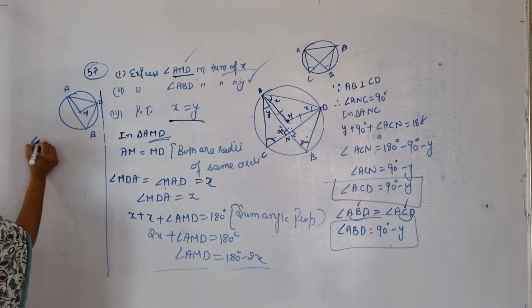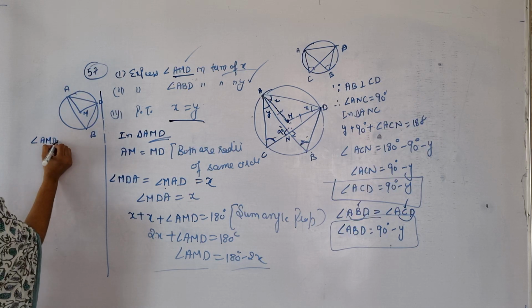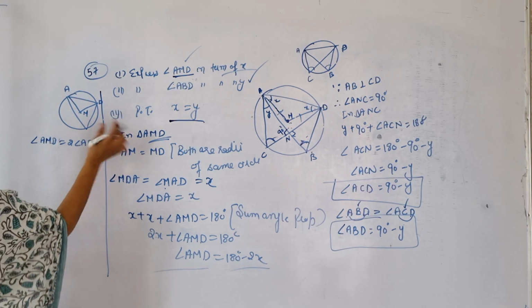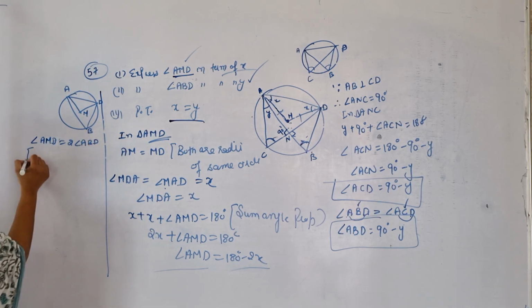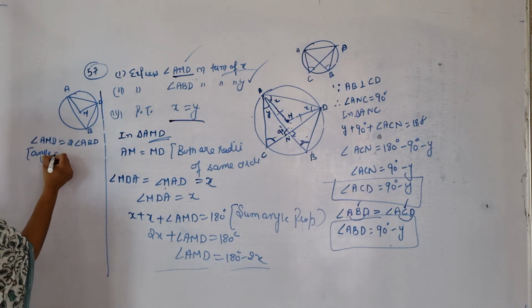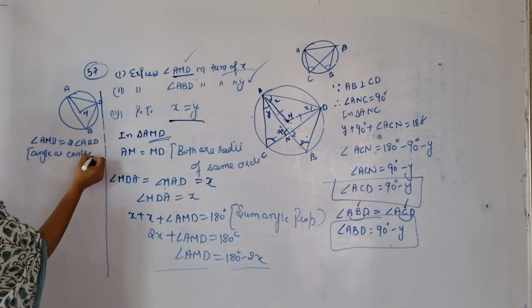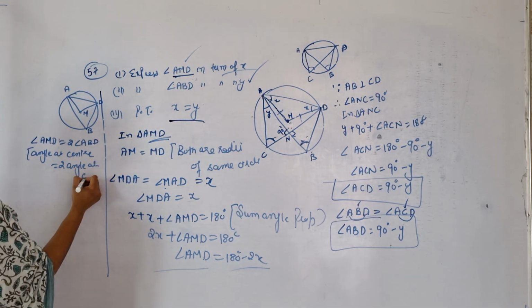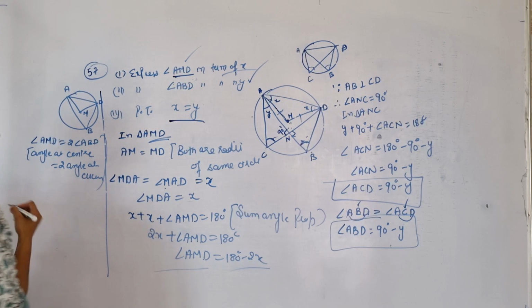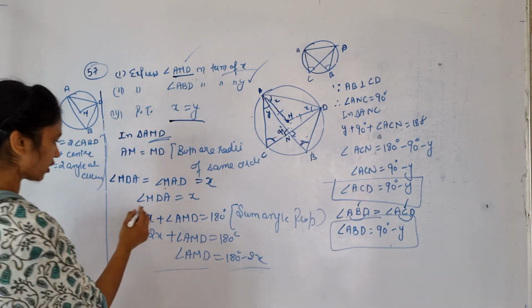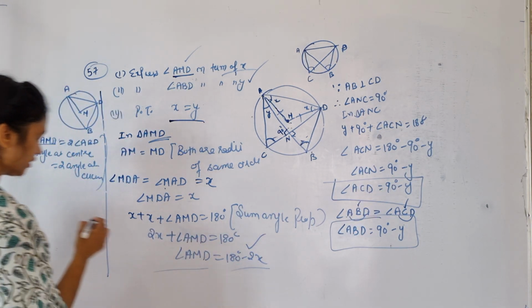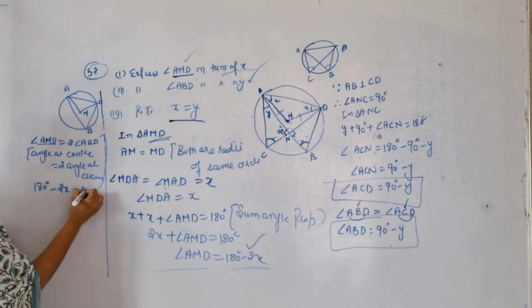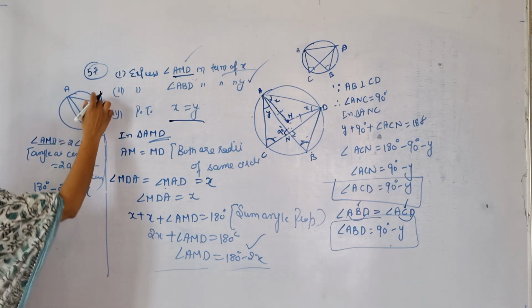So angle AMD will be equal to 2 times angle ABD. Same reason: angle at the center is 2 times angle at the remaining circumference. We have already calculated AMD as 180 degrees minus 2x, which is 2 times angle ABD.